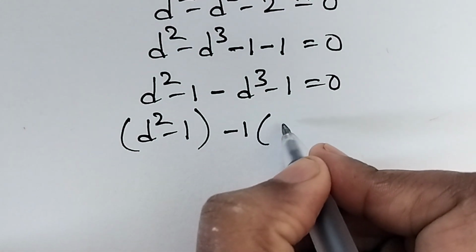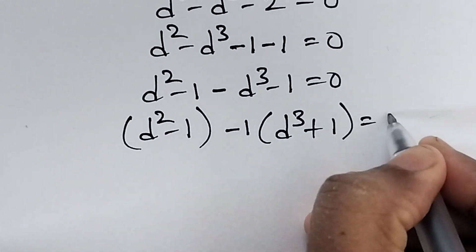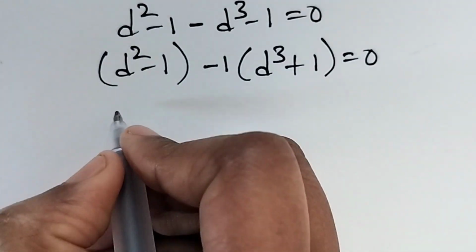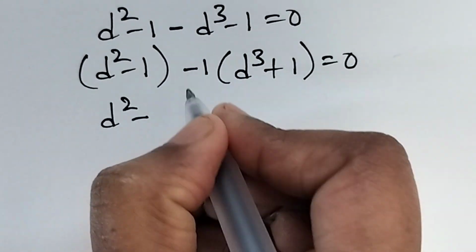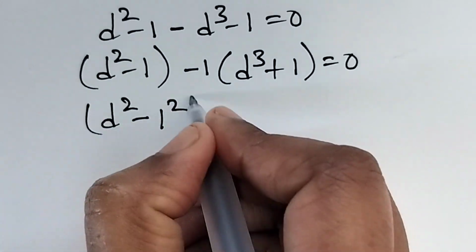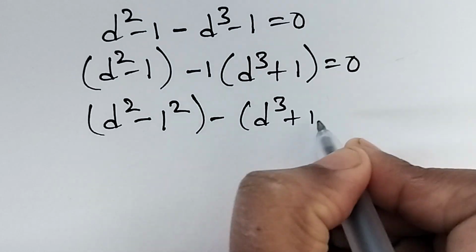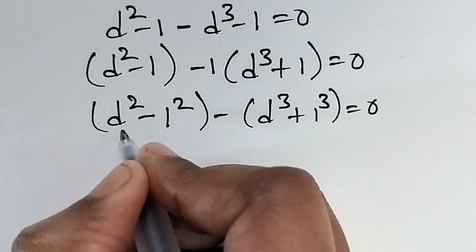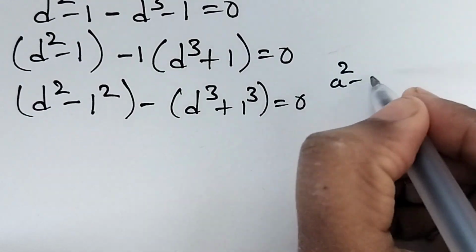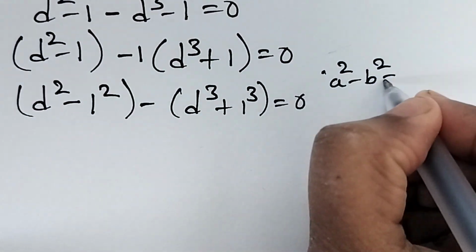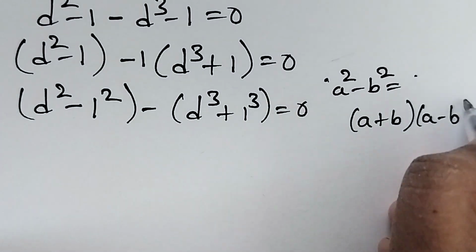Now here we'll get d square minus 1 square minus, d cube plus 1 cube is equal to 0. Now this is in the form of a square minus b square. So a square minus b square is equal to a plus b times a minus b.